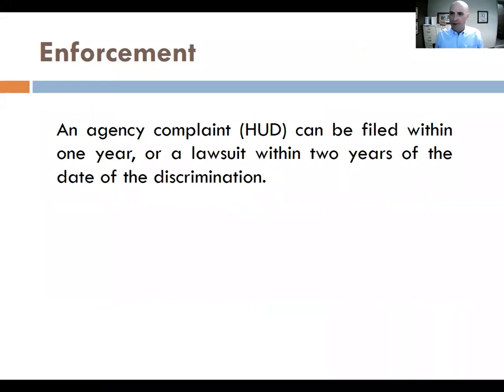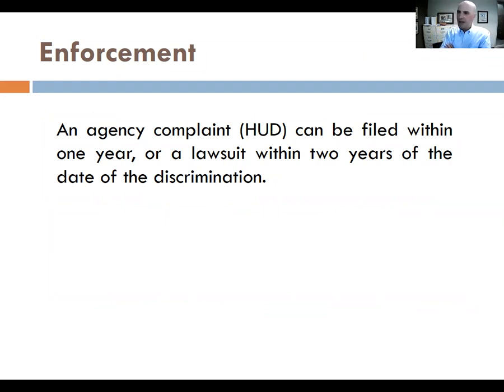And then just a reminder that enforcement usually is through an agency complaint, which is the usual way you would see a discrimination complaint. It's filed as an administrative matter with HUD, and HUD assigns it to an investigator.